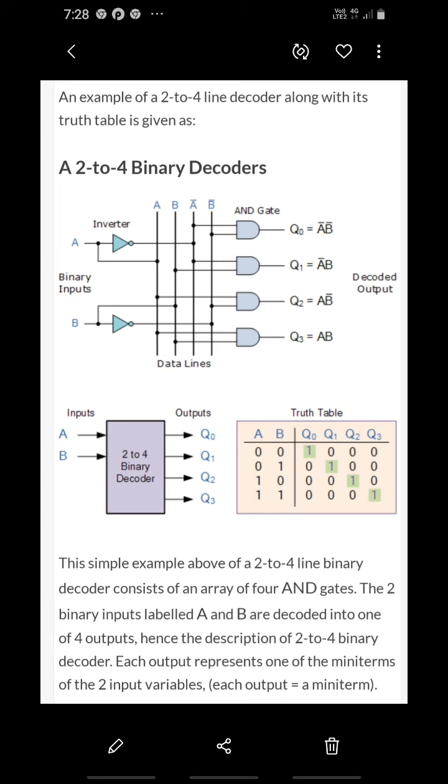When applying 0, 1, then Q1 is high and all others are zeros. When applying 1, 0, then Q2 is high and all others are zeros. When applying inputs 1, 1, then Q3 is high and all others are zeros.